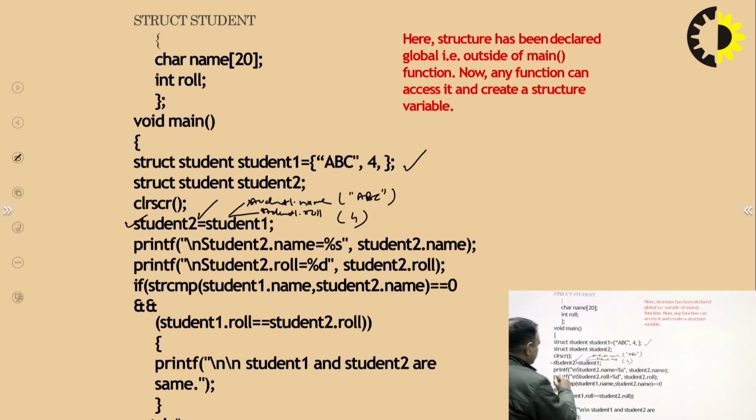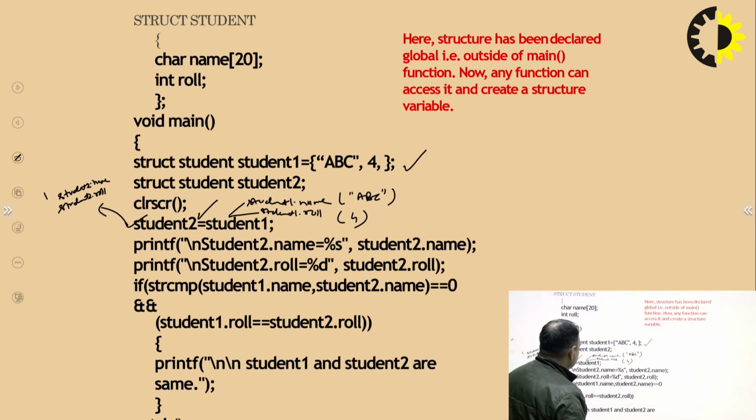This is transferred to this particular structure variable, meaning student 2 dot name and student 2 dot roll. Using this assignment operator, you get student 2 dot name as ABC and student 2 dot roll as 4. Now compare these.